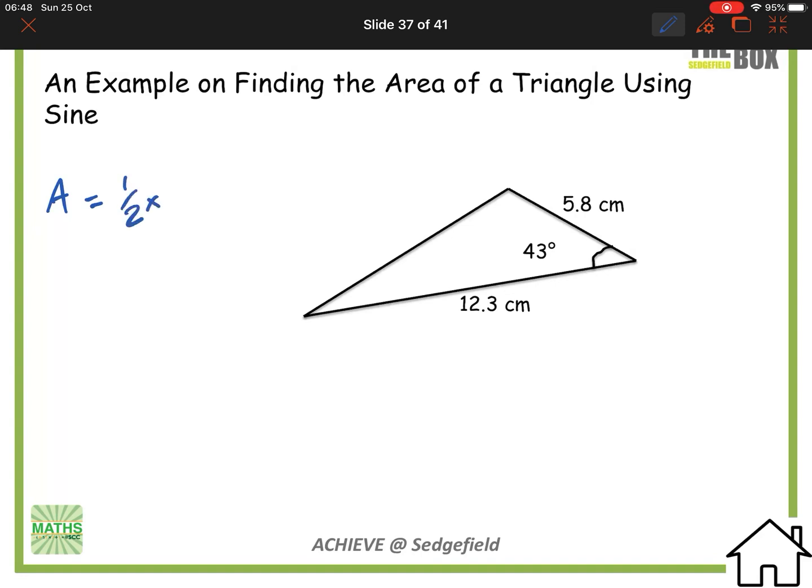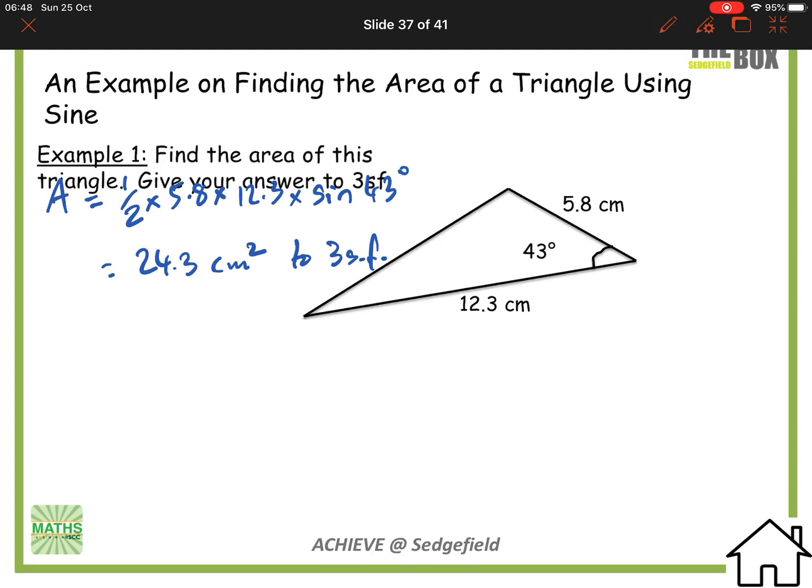Area is equal to a half times my two sides, 5.8 times 12.3, times the sine of 43 degrees. Using a calculator, 0.5 times 5.8 times 12.3 times sine 43, I get 24.3 centimetres squared to three significant figures, because it's an area this time.